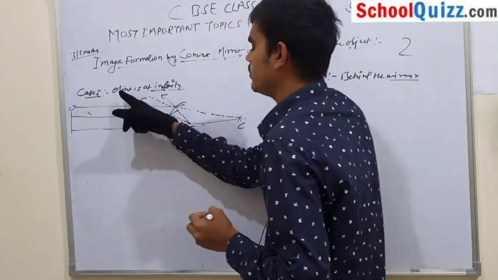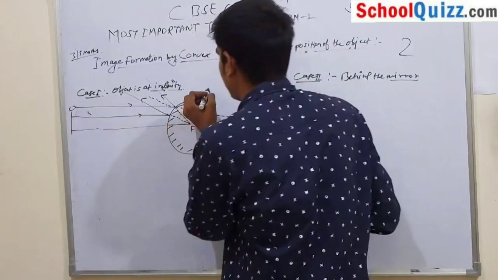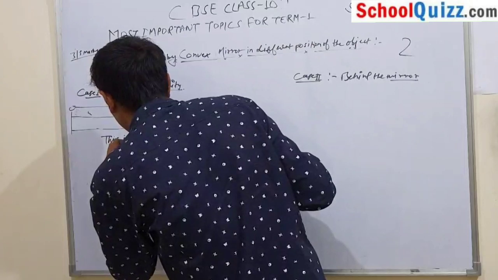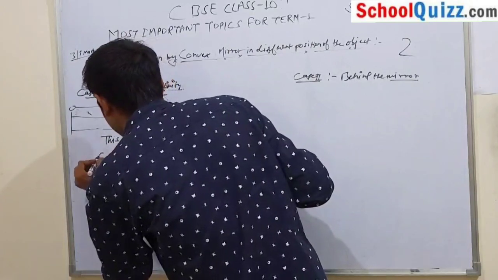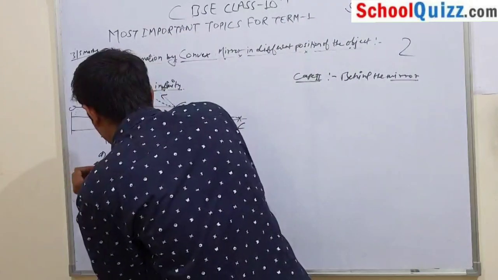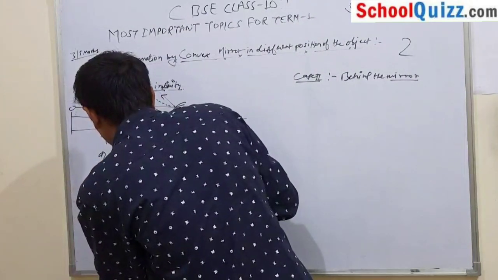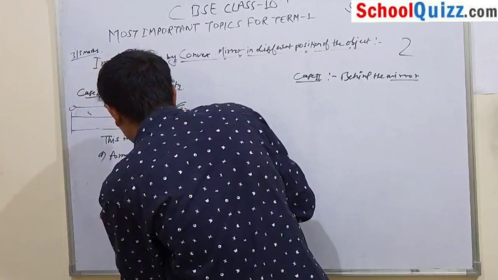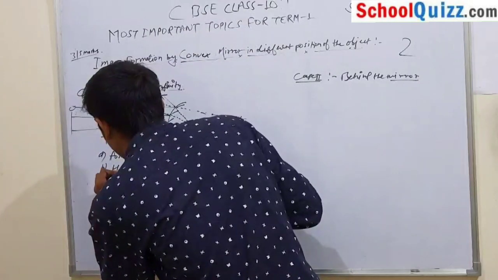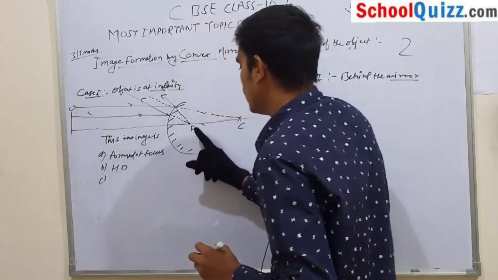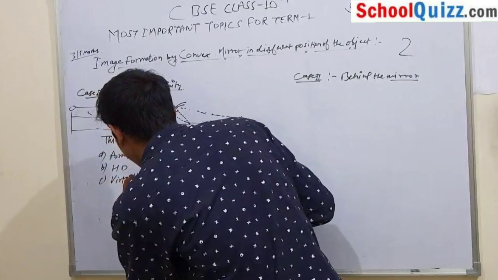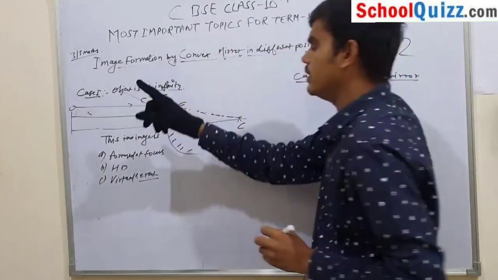So when the object is at infinity, this image is first of all formed at the focus. Second, highly diminished, that is very small. Third, virtual and erect. So this is the first case.